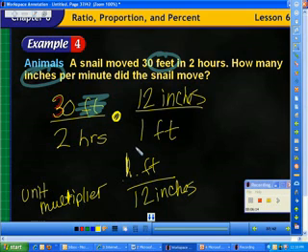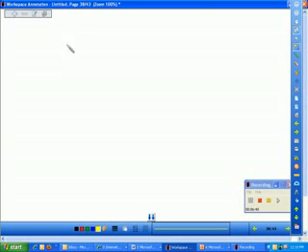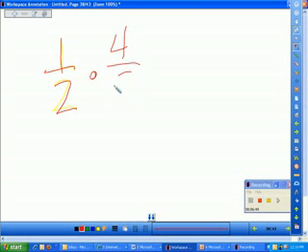Now the reason that I have to set it up so that if the feet are up here in the numerator, the feet have to be down here in the denominator. Once again, I'm going to activate a little bit of background knowledge having to do with fractions. When you multiply fractions, like those math minutes you guys love, so we do 1/2 times 4/5. You know how you can cancel the 2 in the denominator with the 2 in the numerator?